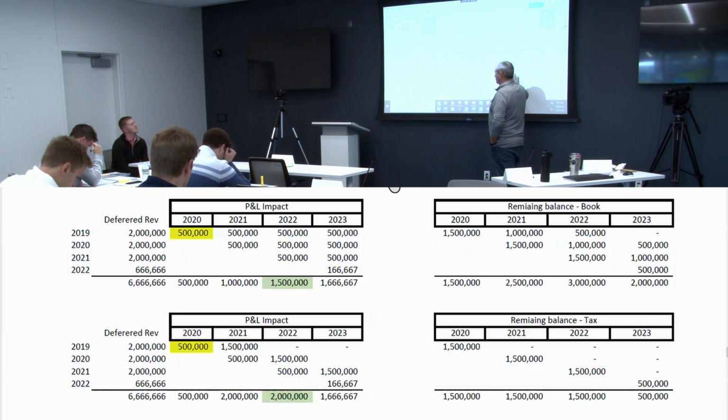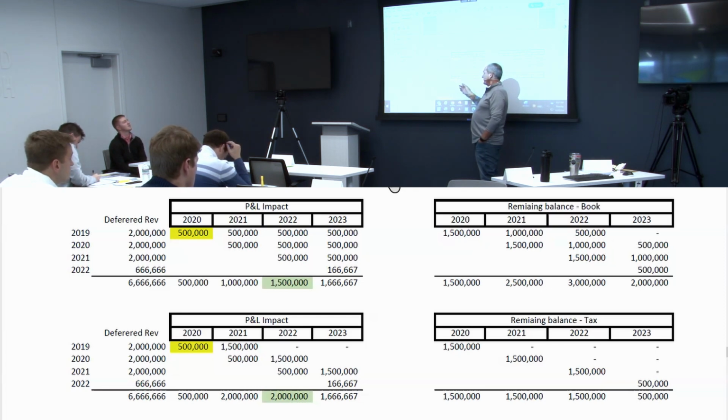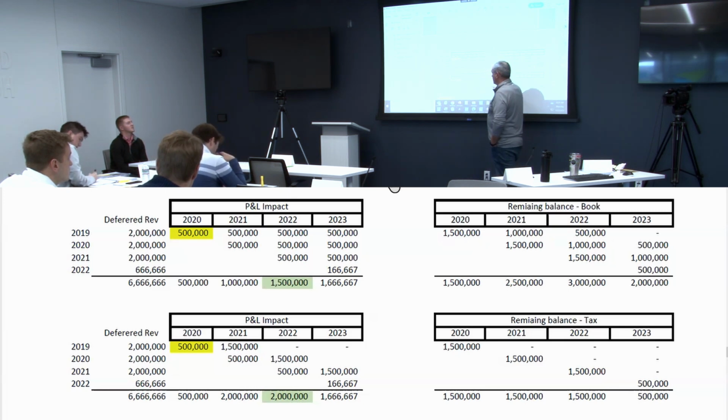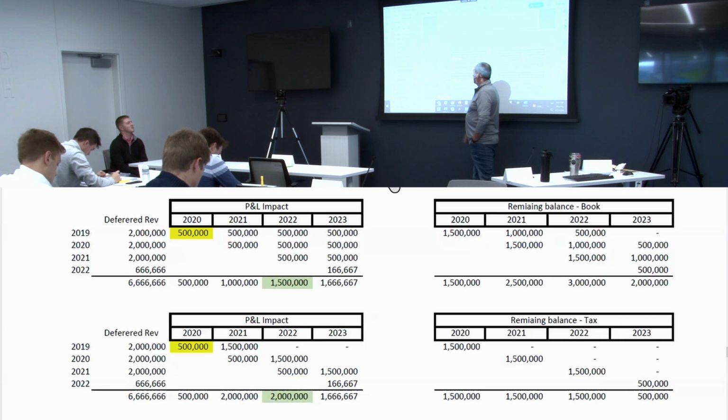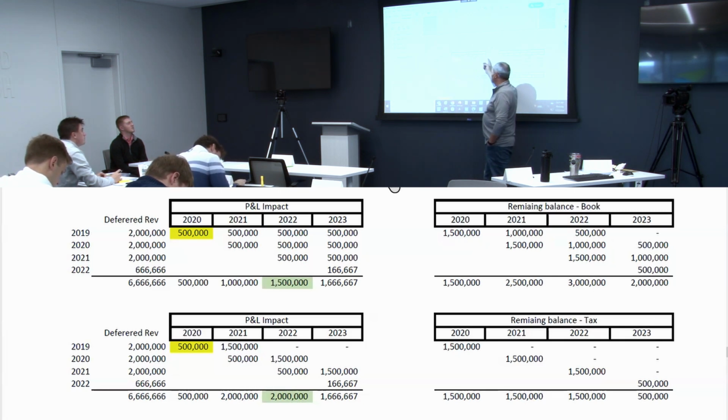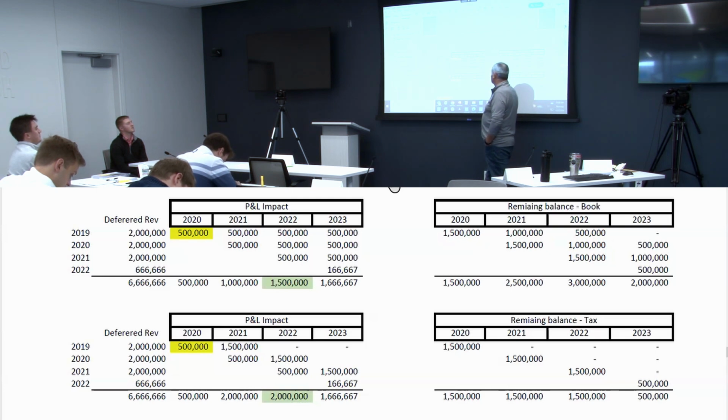For tax purposes, you recognize whatever in year one and the remaining amount in year two. So for deferred revenue, in year one, I have 2 million that I'm recognizing over 4 years. Year two, over 4 years. Year three, over 4 years. Year four, why the hell I used 666,000, God only knows. Have no idea.